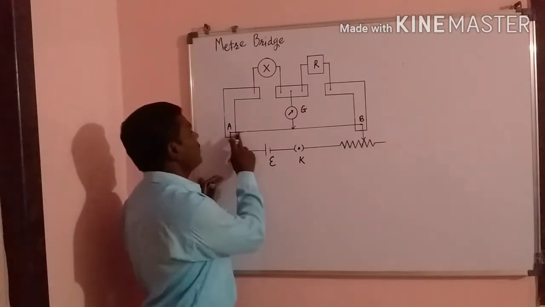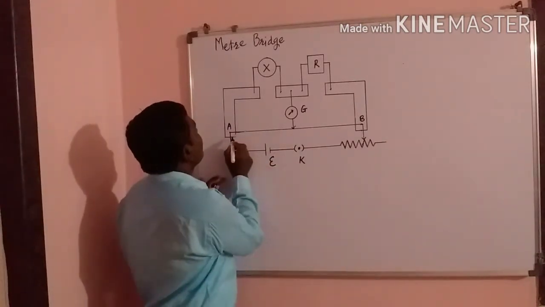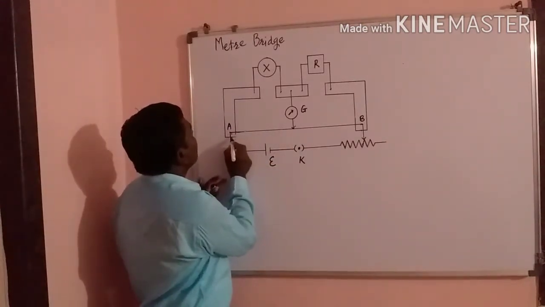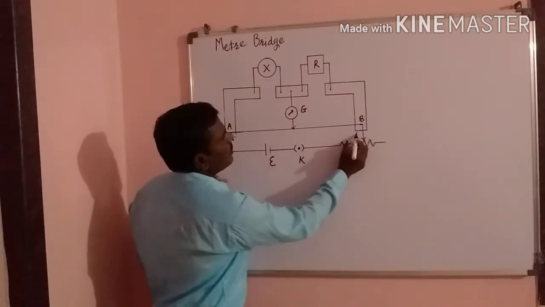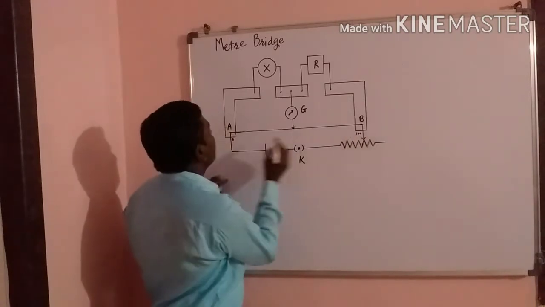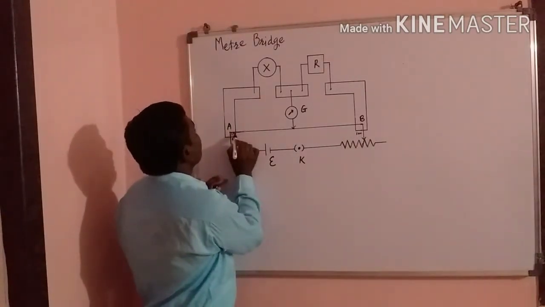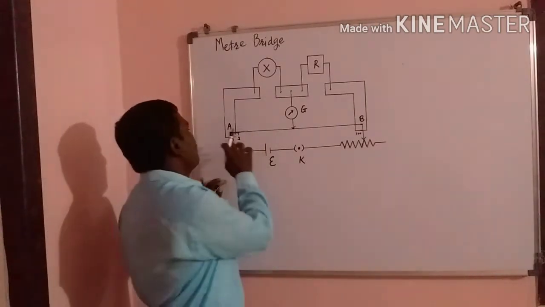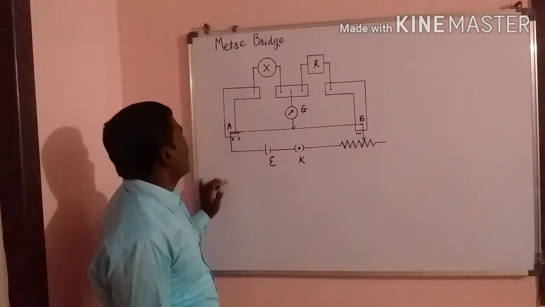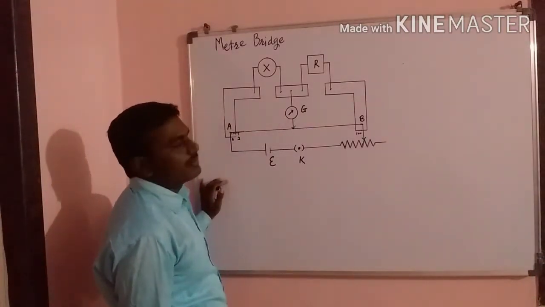This uniform cross section wire has a meter scale, starting from 0 centimeter to a total of 100 centimeter in length. That means the wire has a total length of 1 meter.